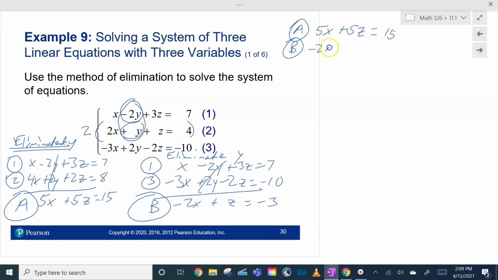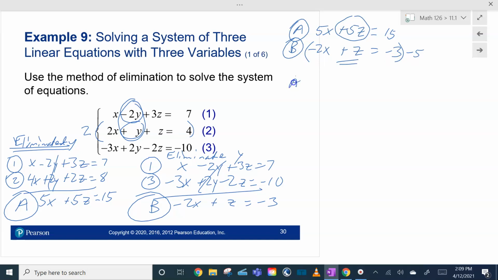B is negative 2x plus z equals negative 3. Let's get rid of the z's. Here's 5z, so I need this to be negative 5z. It's positive 1z right now, so let's multiply it by negative 5 and see what we get.